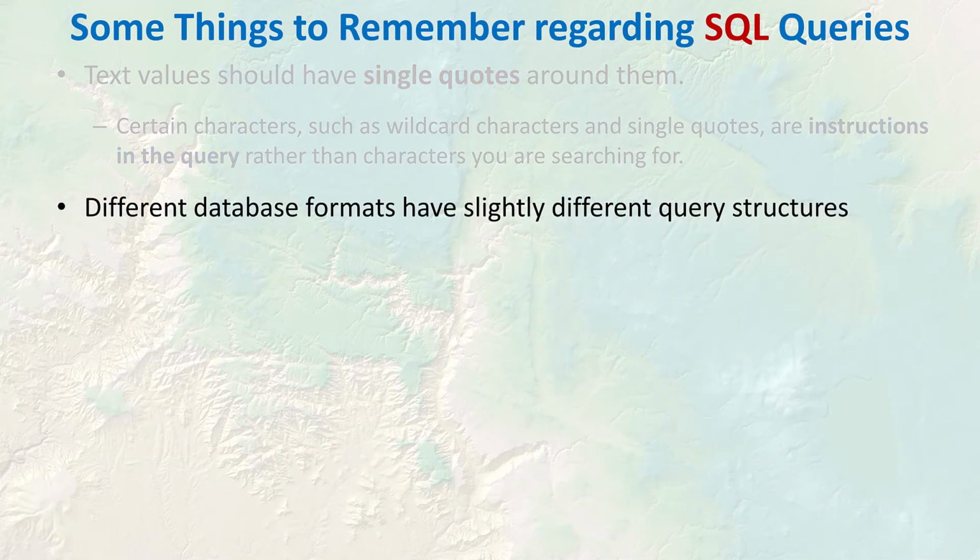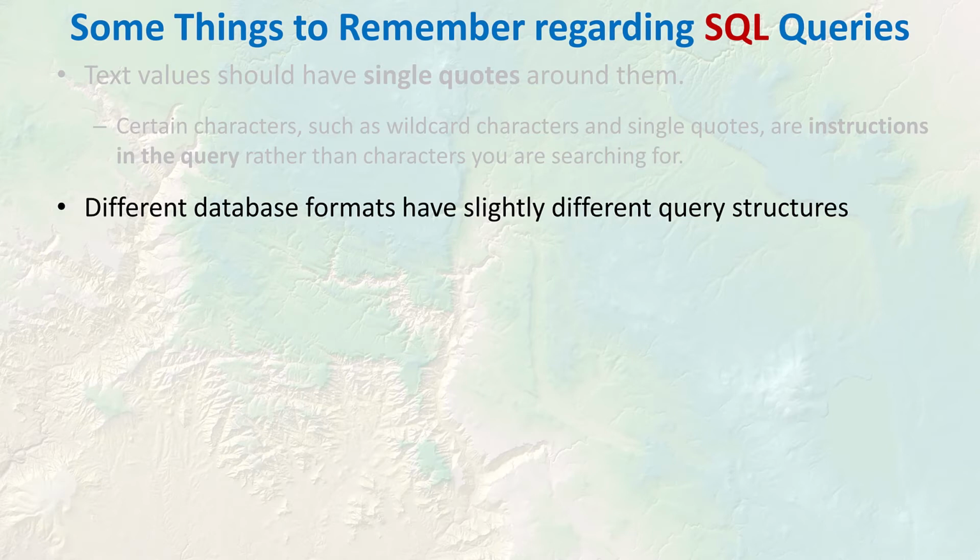A little more complicated than just popping an apostrophe in front of it, but SQL does give you tools for it. Now, there are issues with SQL queries. The function is very powerful in that selecting by attributes lets you build complex SQL queries far beyond the simple operators included in the clause mode. However, the query string format depends on the data type. And by data type, I mean things like shapefiles versus file geodatabases versus enterprise geodatabases.